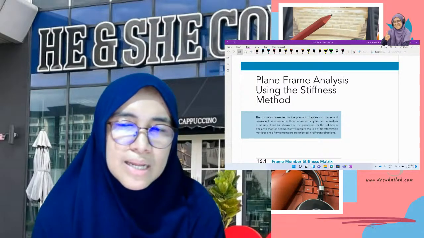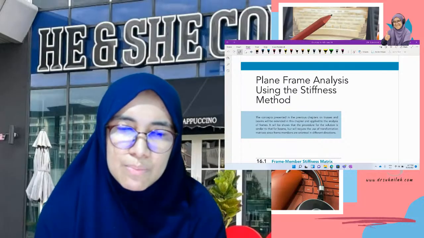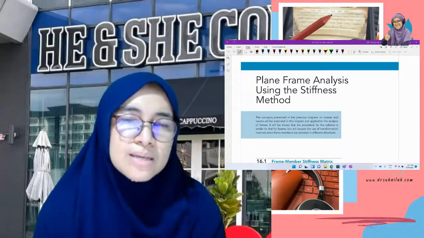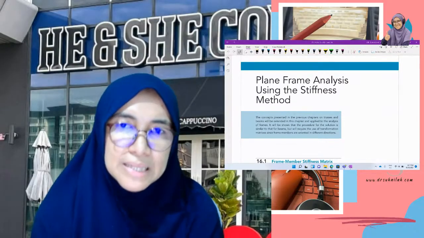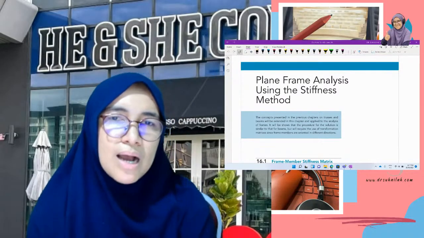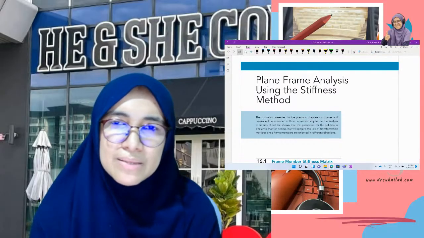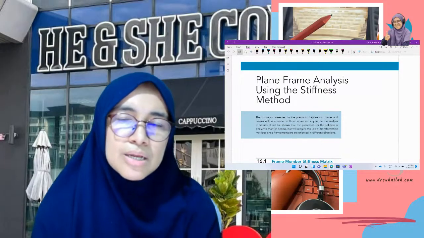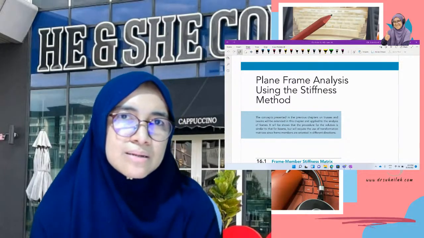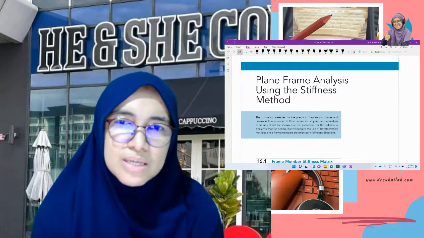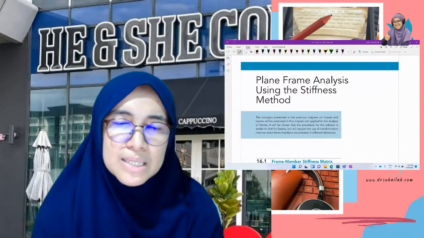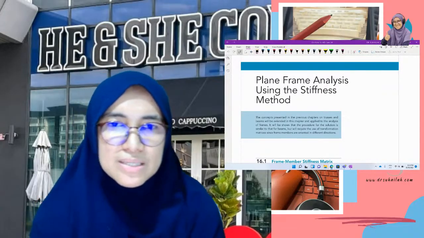You don't need to apply equilibrium equations to determine reactions anymore, because we will solve the output using matrices. Okay, the matrix concept, which means that you have to know how to understand matrices. We will analyze all the values, including displacements and forces, using matrices. To be specific, it is matrix multiplication.